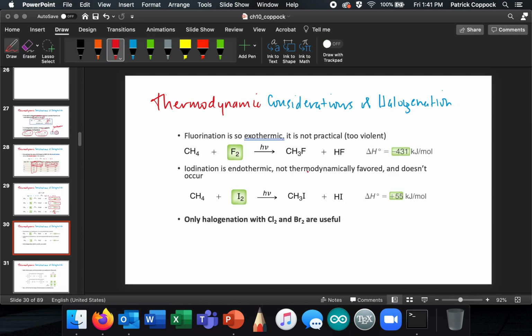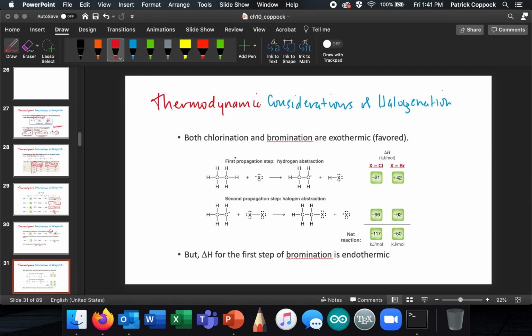So fluorination is violent, and consequently it's not useful to us. Iodination is not thermodynamically favored, so it's not going to happen. Only halogenation with chlorine and bromine are useful. Now, chlorination is still pretty exothermic, okay?